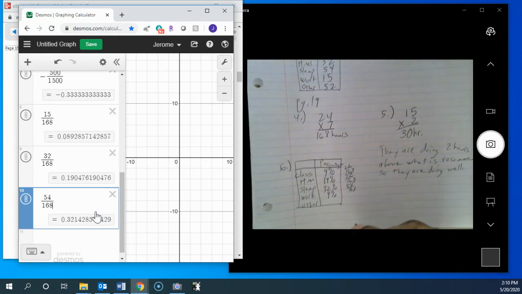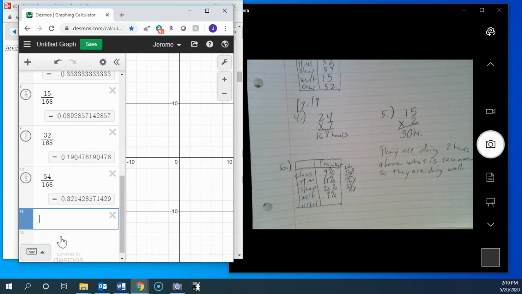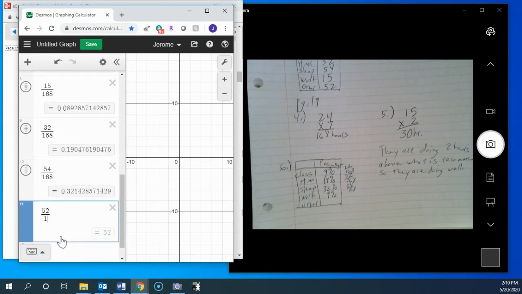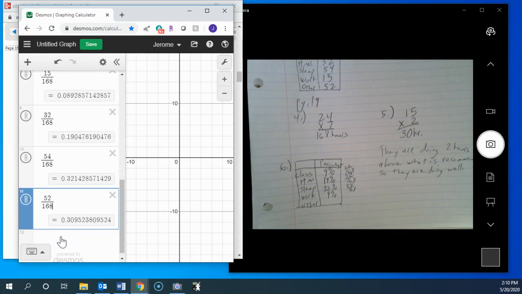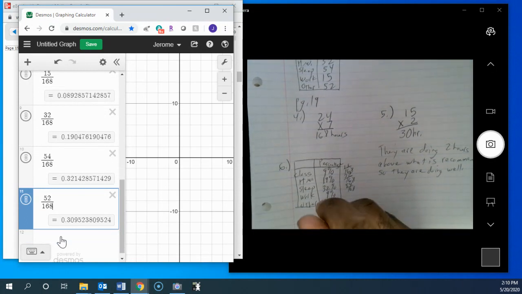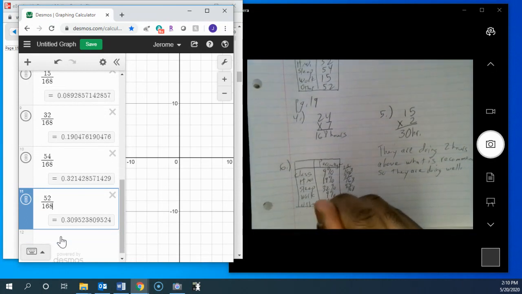And then finally, other is 52. So we'll take 52 divided by 168. Rounded to the nearest percent, that'll be 31%. Okay. Now that takes care of problem number 6.